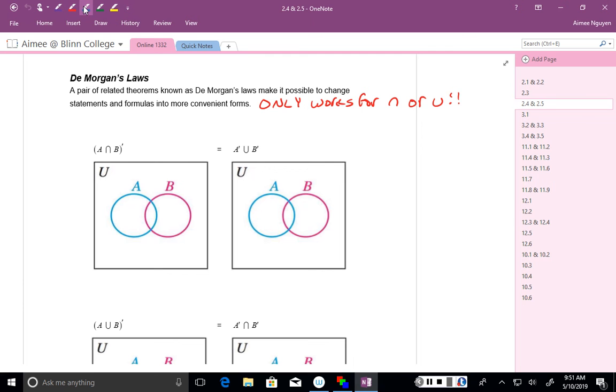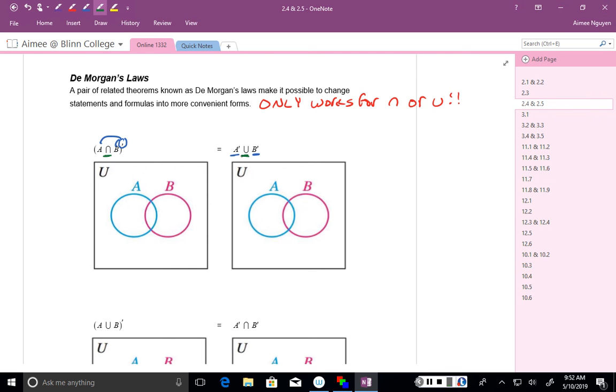So when I look at this, the intersection goes to A and to B. So now I have not A, not B, right? And then the middle, my intersection, changes to a union. So both things have to happen. I give the complement to both, and I switch the symbol in the middle, right?